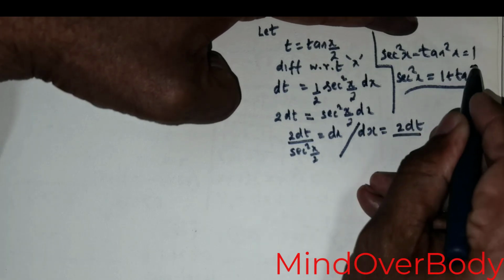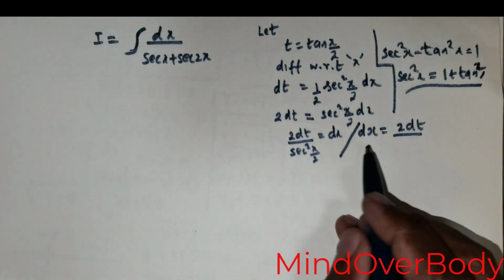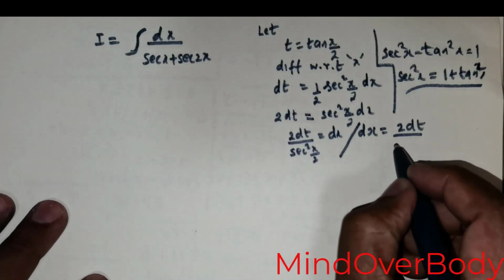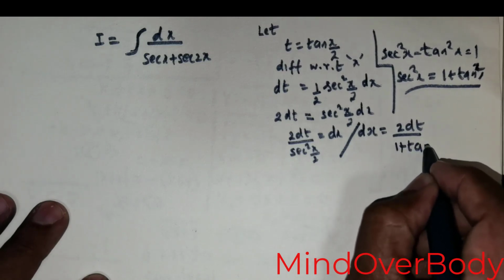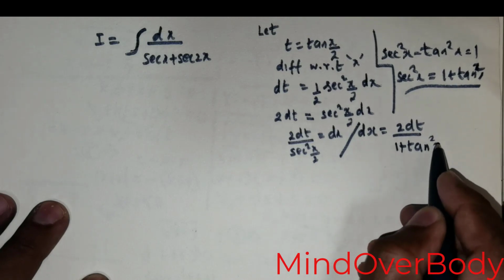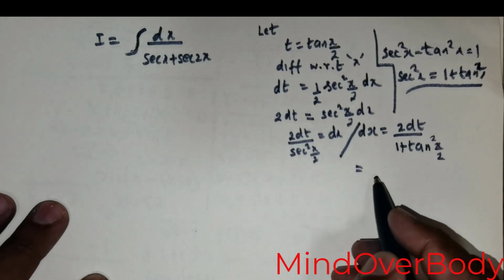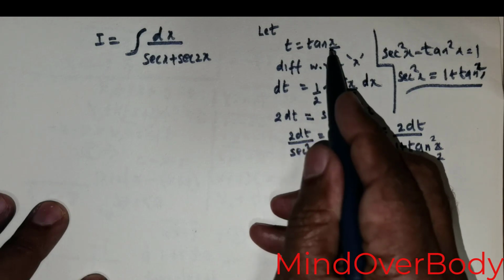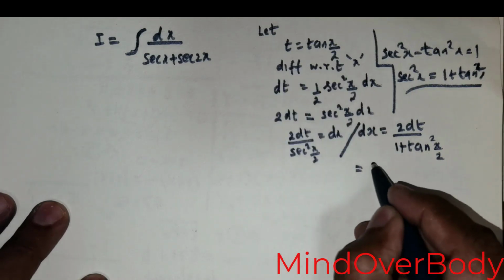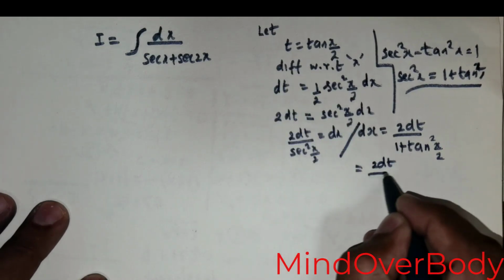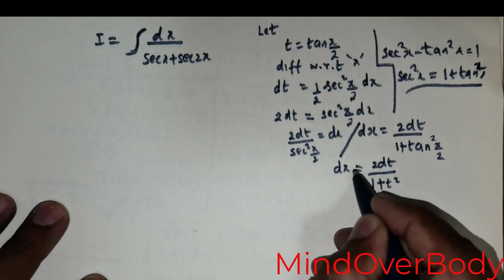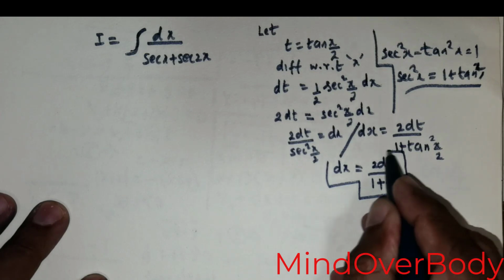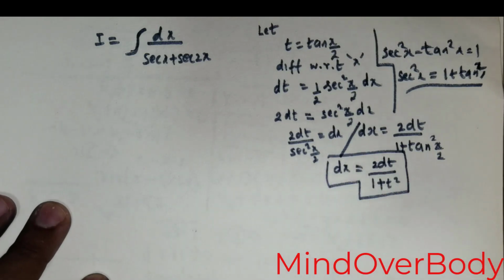So I'm going to use the same formula. Now if I were to use this formula, instead of secant squared x over 2, I'm going to rewrite that as 1 positive tan squared x over 2, which is equal to, now tan x over 2 is t, so this is going to be 2 times dt over 1 positive t squared. On the left I've got dx, so my dx is this.